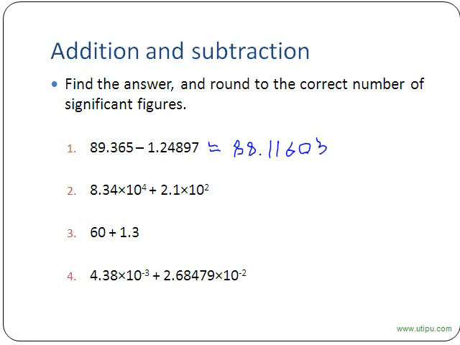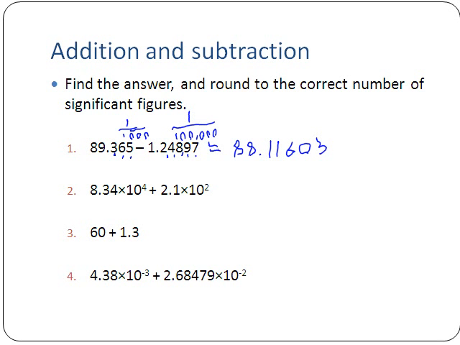We want to look at the smallest place. In this case right here, 89.365, we have tenths, hundredths, thousandths. So the thousandths place is where we start off for this one. For this one right here, we have tenths, hundredths, thousandths, ten-thousandths, hundred-thousandths.